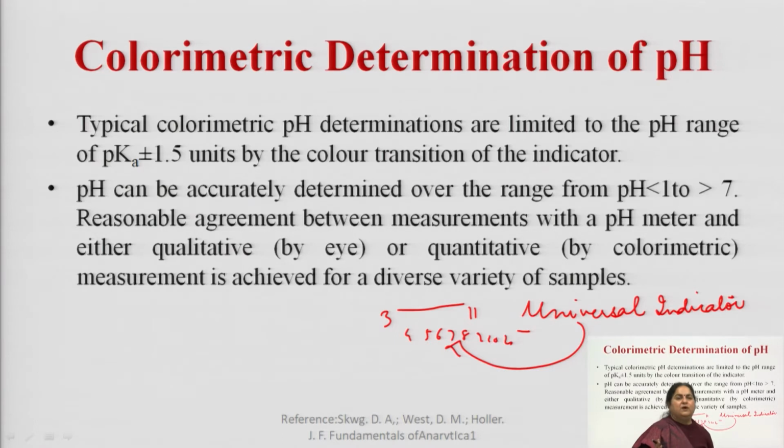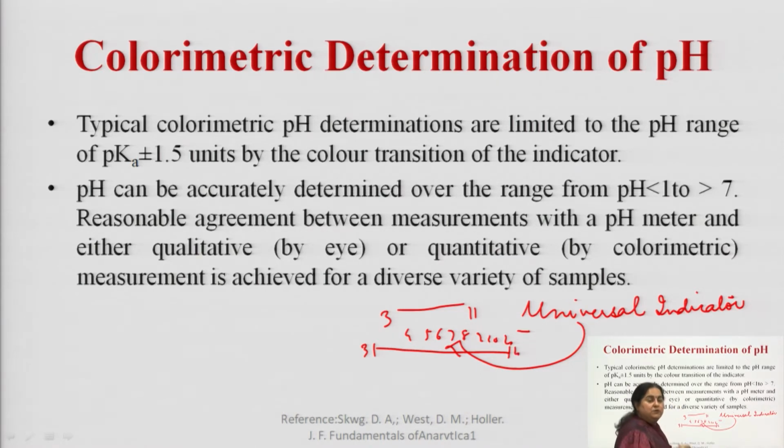To the pH solution of 3 we add the universal indicator, and it will give a specific color, because the color is pH dependent. In a different pH the indicator will give a different color. That is why this estimation is known as colorimetric determination. So, we have different colors for different pH ranges from 3 to 11.